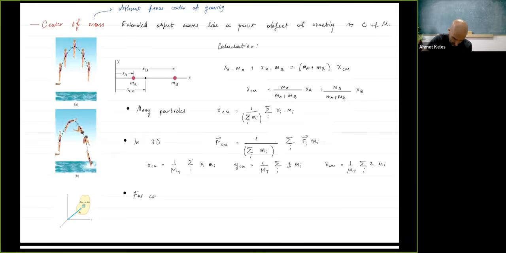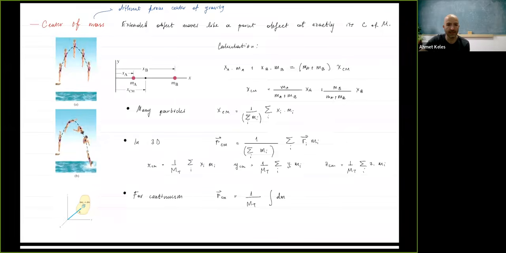For a continuum, of course, the sums will just be converted to integrals. That's what the difference is, right? And for a continuum, R center of mass is going to be equal to 1 over M total and sum over all little masses.